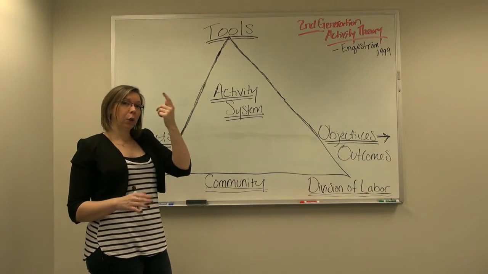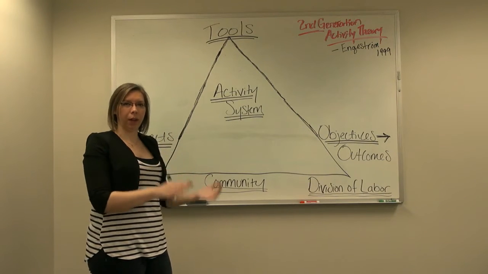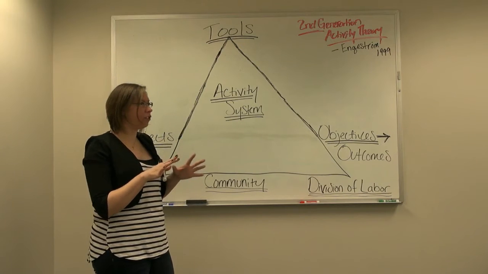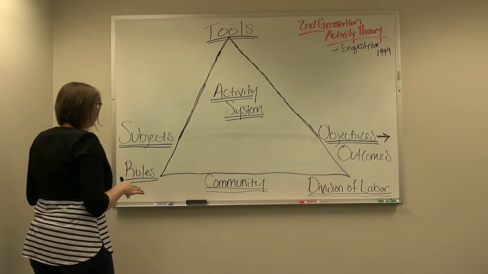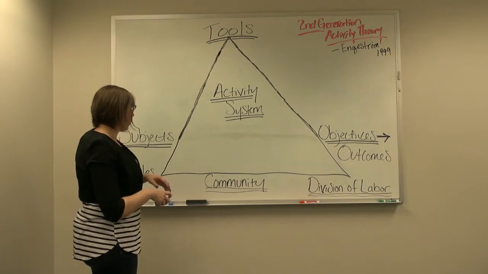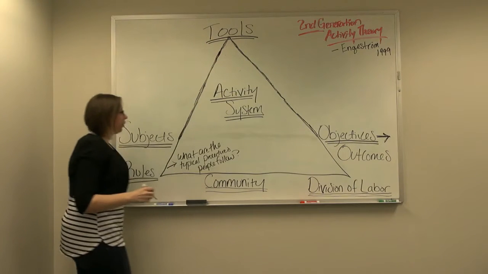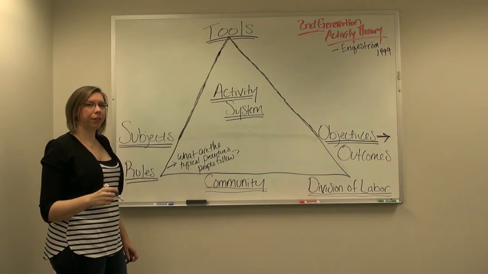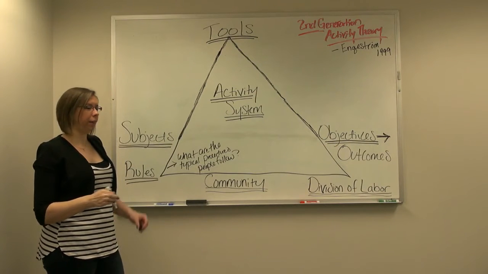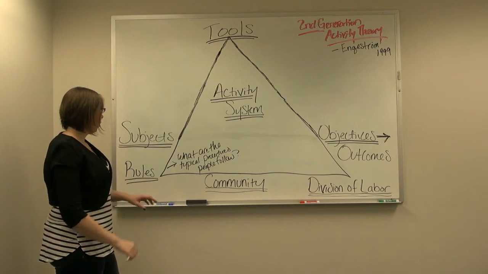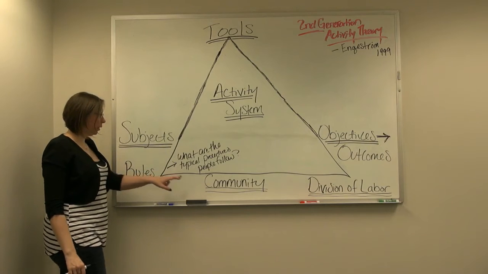And I'm going to coordinate the questions with the arrows so we can see which area we're talking about. Let me get these basic questions first, though. So rules, right? What are the particular procedures that people follow in this area? That could be our question for rules.